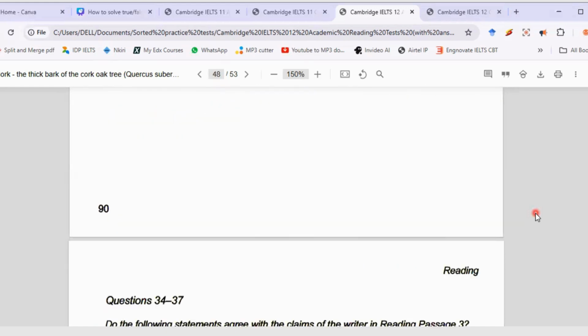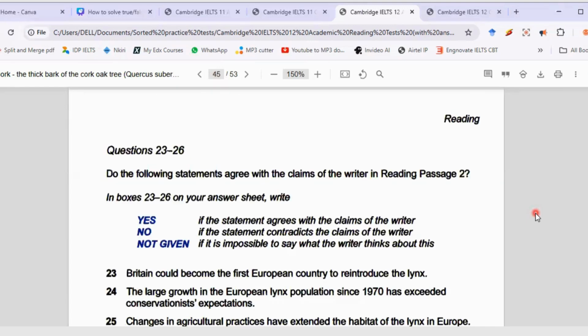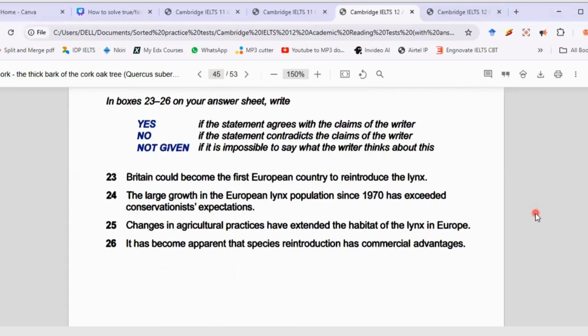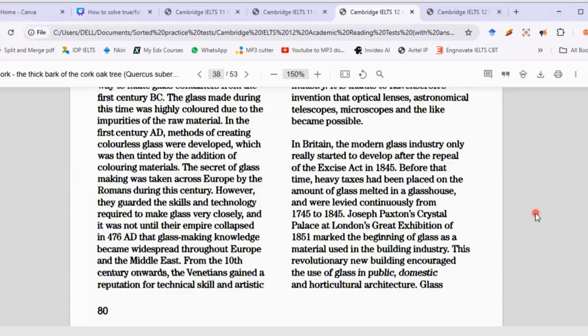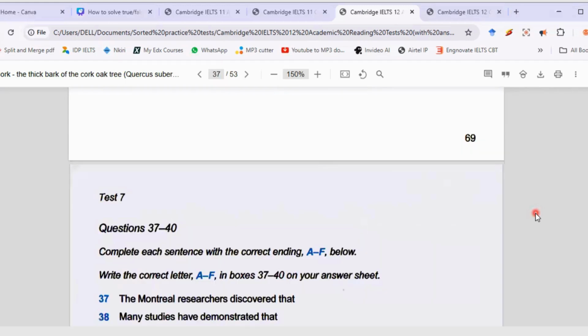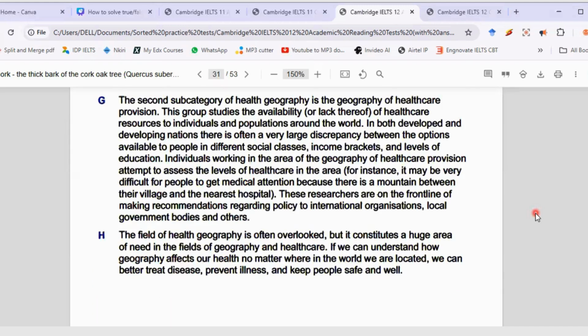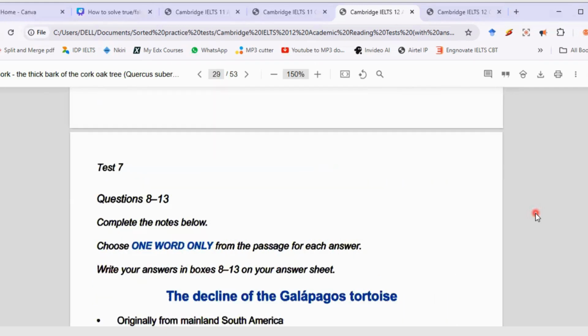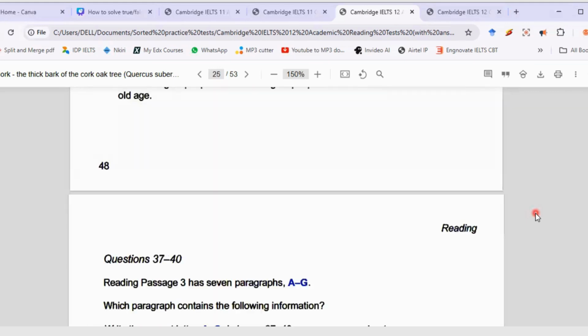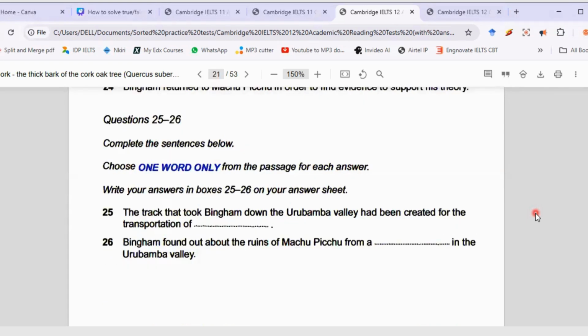I want to do a tough true, false, not given. After that, I will now treat yes, no, not given. I'm looking for a true, false, not given that is hard, either passage 3 or passage 2. This is yes, no, not given.